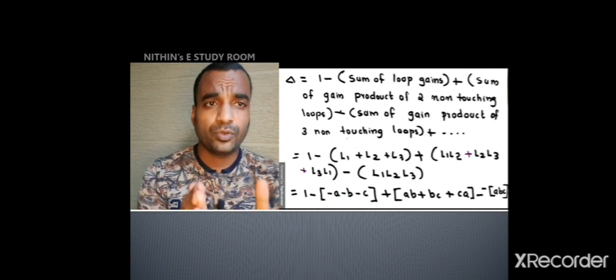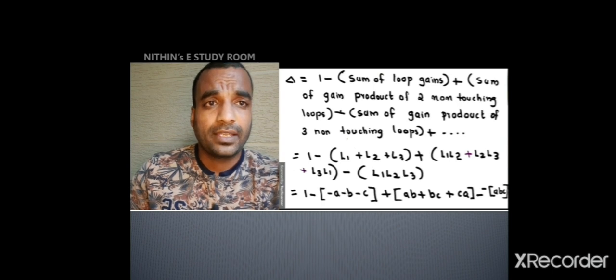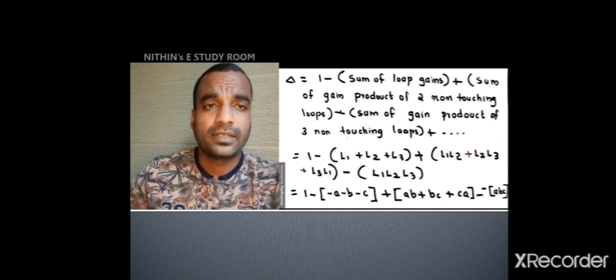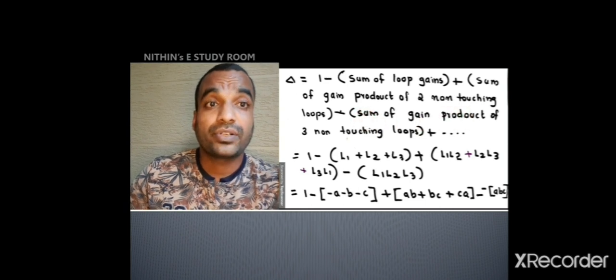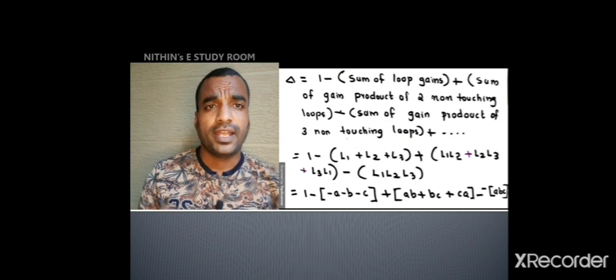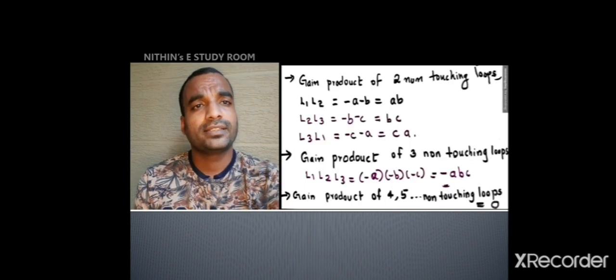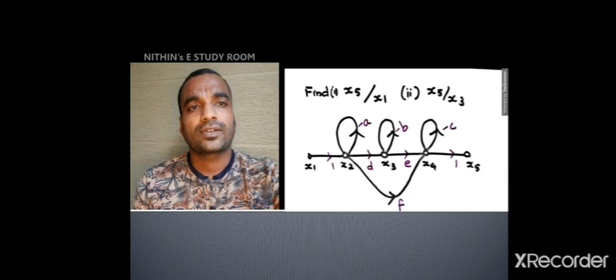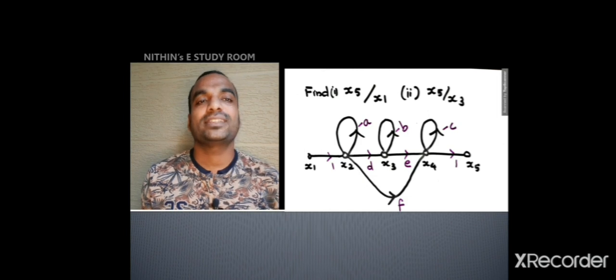For the time being, you are clear about up to this. After that, what was the third thing? Minus the sum of gain product of three non-touching loops. You have to go back to the signal flow graph and check whether there are any three non-touching loops. In our question there are three loops L1, L2, L3 and these three are non-touching.